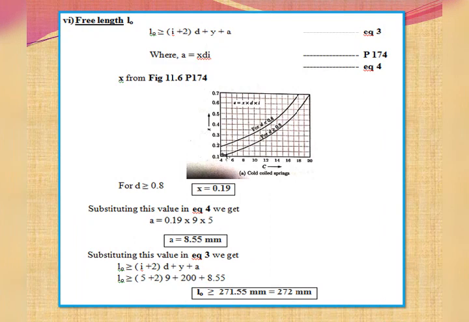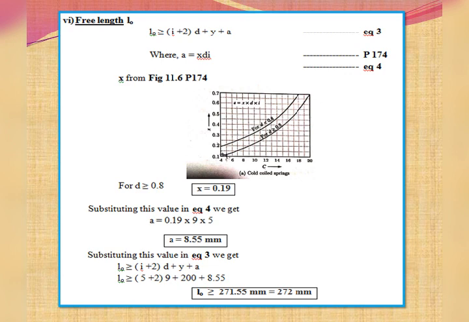But the value of X can be evaluated by referring to figure 11.6, page 174. Since the diameter is 9 mm, which is greater than 0.8, we are supposed to go for the lower curve. In the lower curve, for the corresponding spring index of 8, I will consider the value of X equal to 0.19. So now we'll substitute those values in equation number 4.